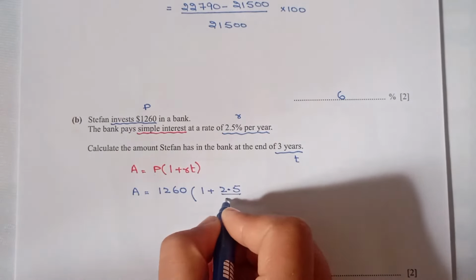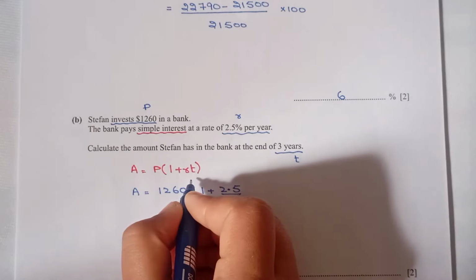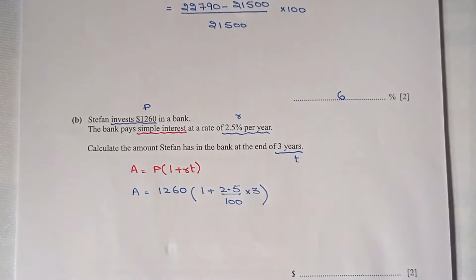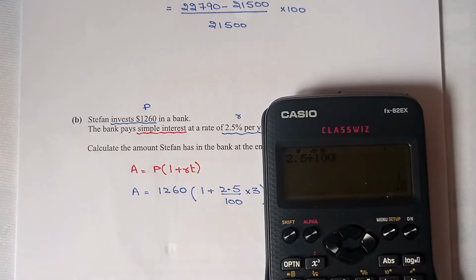For percentage, dividing by 100, and T is the number of years, that is 3 years. So let's simplify and we will get the amount. First we need to do 2.5 divide 100 times 3, add 1 and times 1,260.